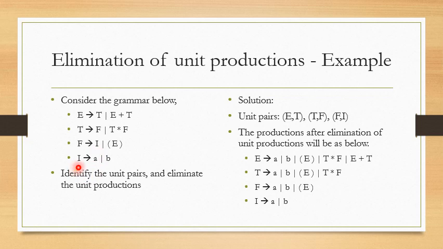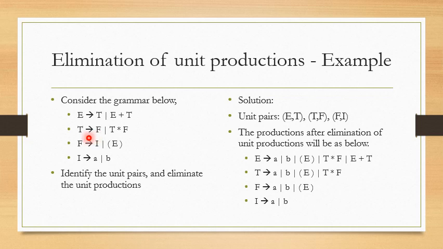You cannot have a unit pair as a combination of non-terminals and terminals. Both of them should be non-terminals, or both of them should be variables. So we have these three pairs. Okay. Now instead of T, I have to substitute all the productions of T. So when I try to substitute all the productions of T here, again here T has a unit production.